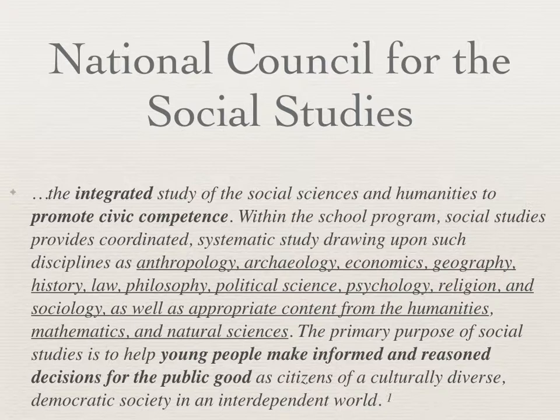What does this vision that the National Council for the Social Studies has, that it's integrated, that it's promoting civic competence, that it's including all of this different content, these different disciplines, and the goal is for young people to make informed and reasoned decisions for the public good. So pause me. Give me a great illustration filled with color, filled with detail, and then come back to me.